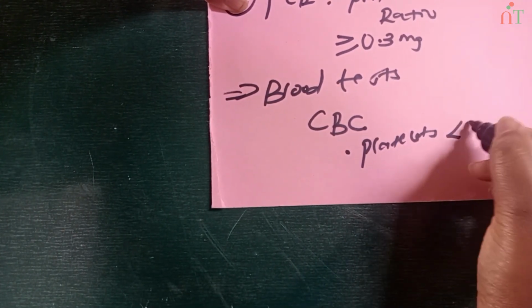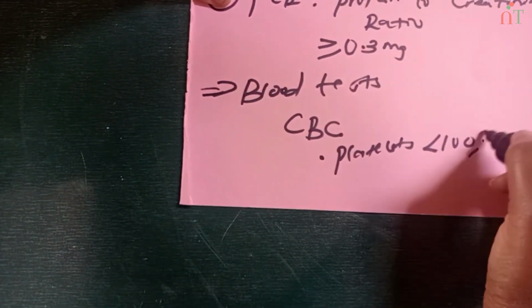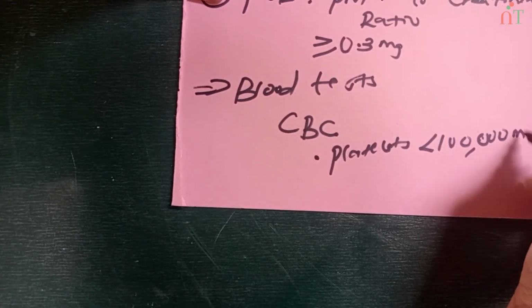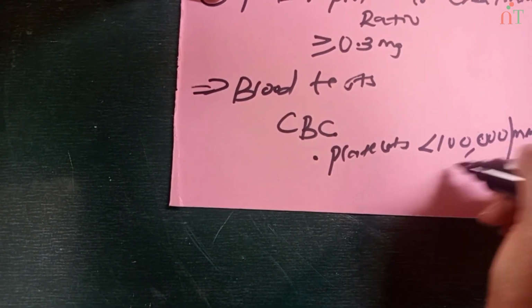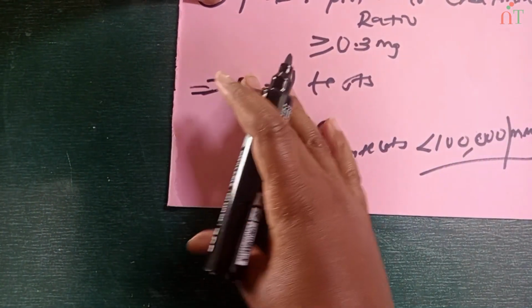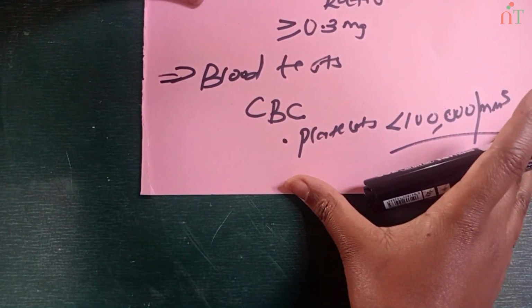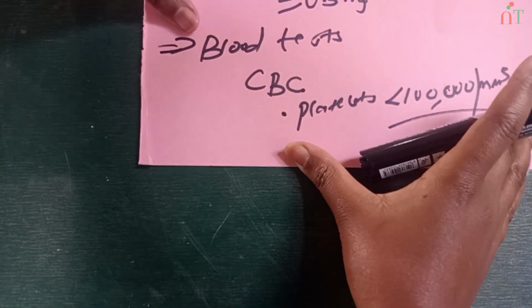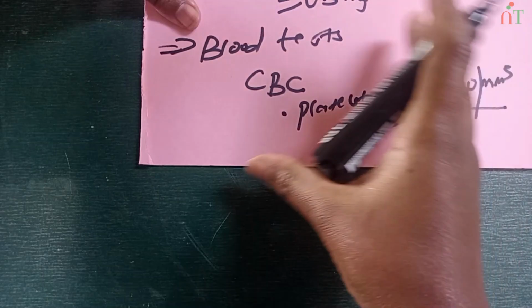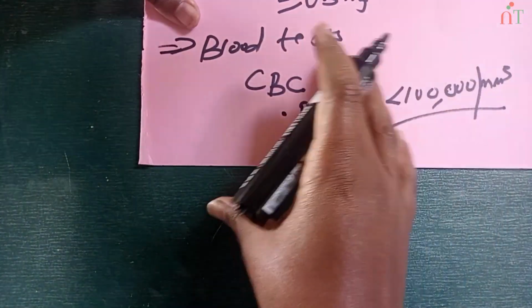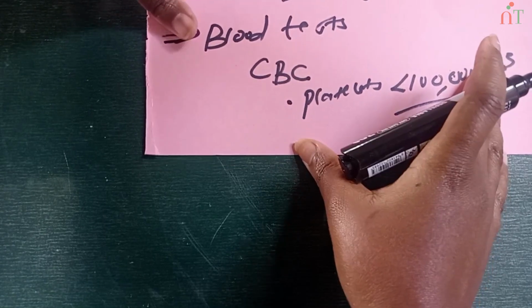If they are less than 100, then it is a good diagnostic indication of preeclampsia, and it could indicate there's hemolysis already taking place, and it's not a good thing.